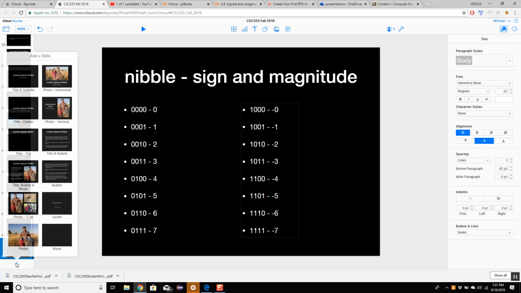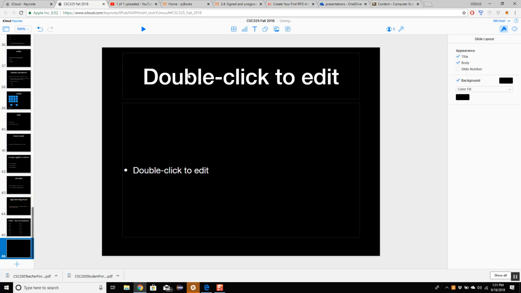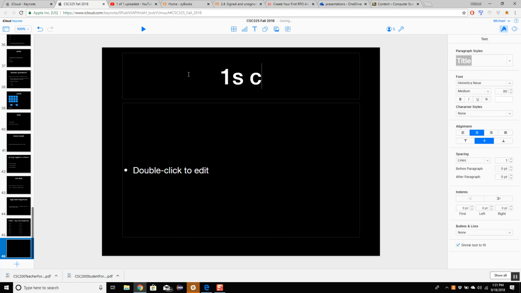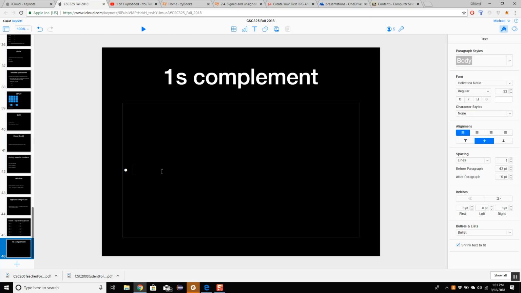So now let's look at ones complement. So in ones complement, we flip all of the bits. So zeros become ones, ones become zeros.